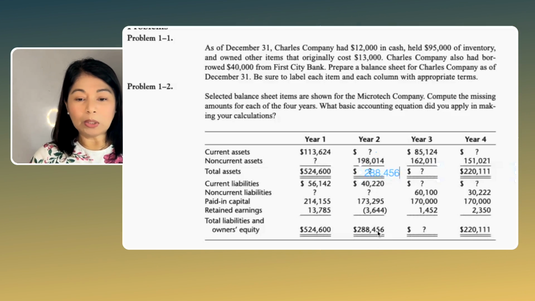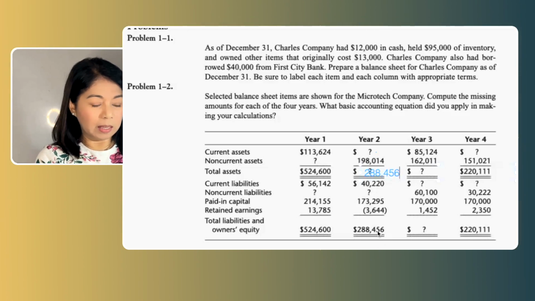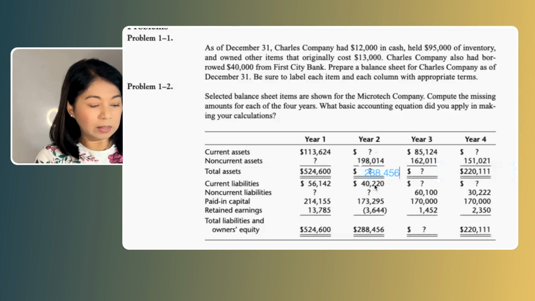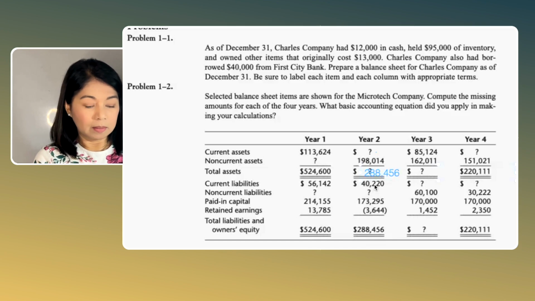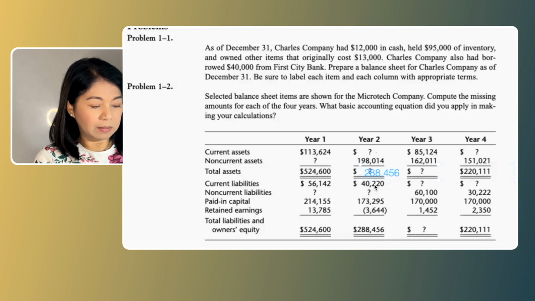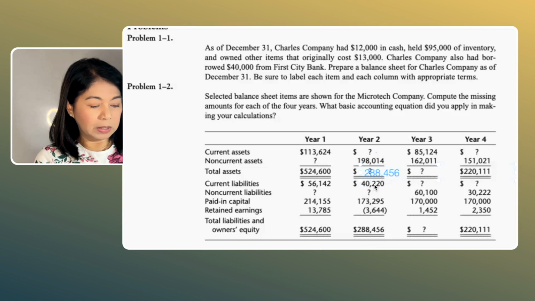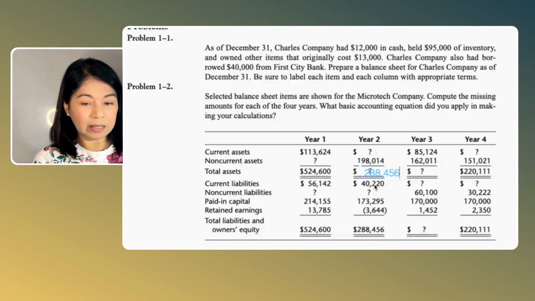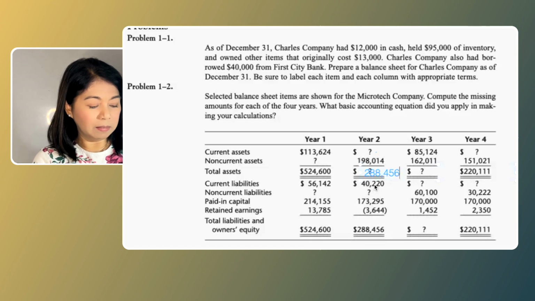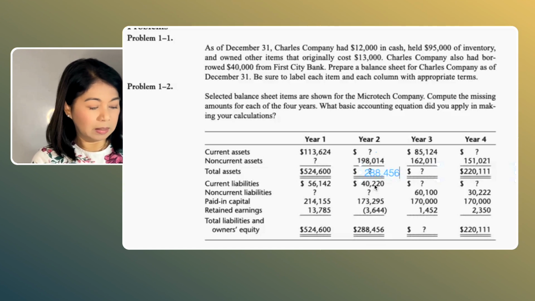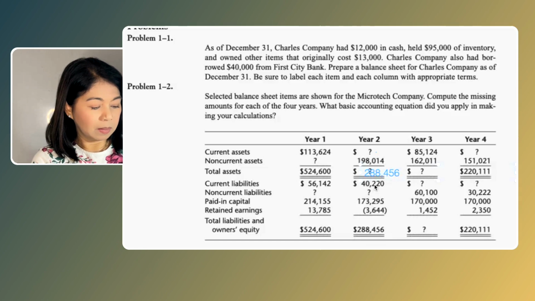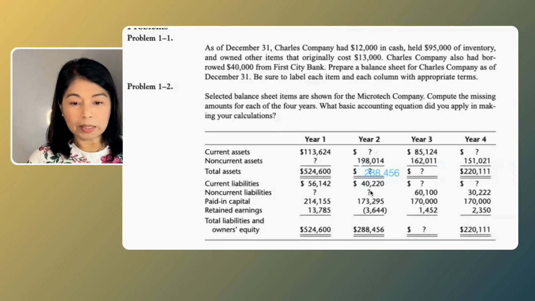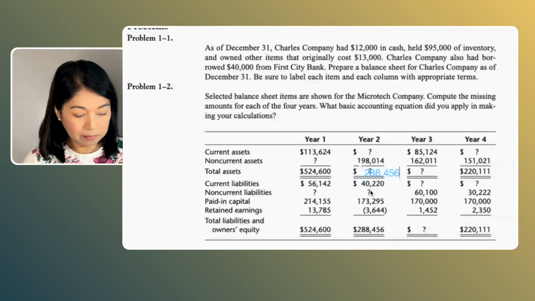So I start with total liabilities, 288,456 minus 40,220 of current liabilities, minus 173,295, plus I would add 3,644. Would that be 78,585?